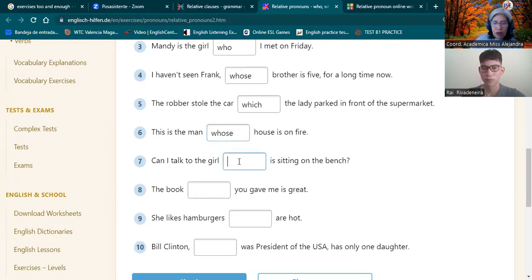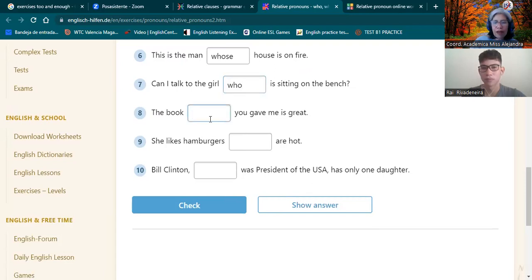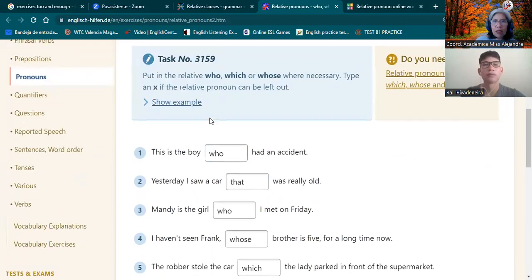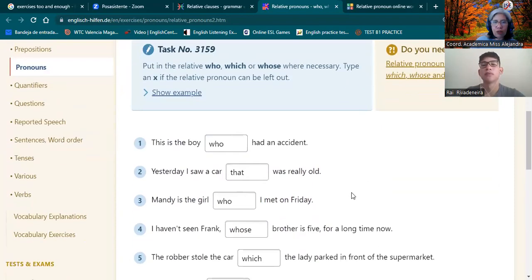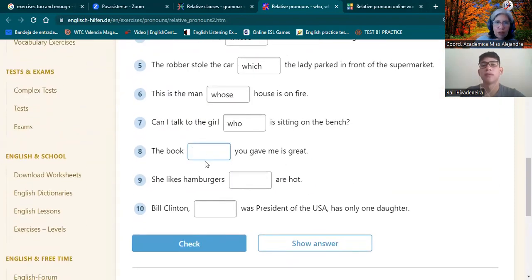Can I talk to the girl who is sitting on the bench? The book that you gave me is great. Now here we have who, which, or whose? Which.